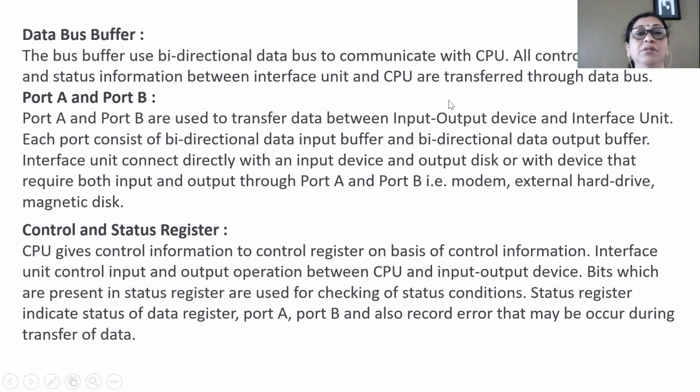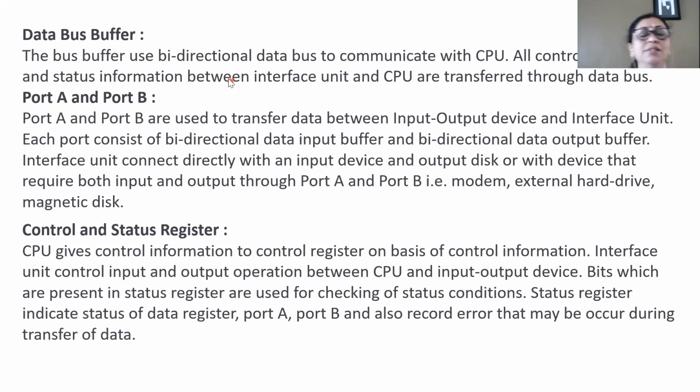As you can see here, the data bus buffer uses a bidirectional data bus to communicate with the CPU. All control word, data and status information between the interface unit and the CPU are transferred through the data bus.